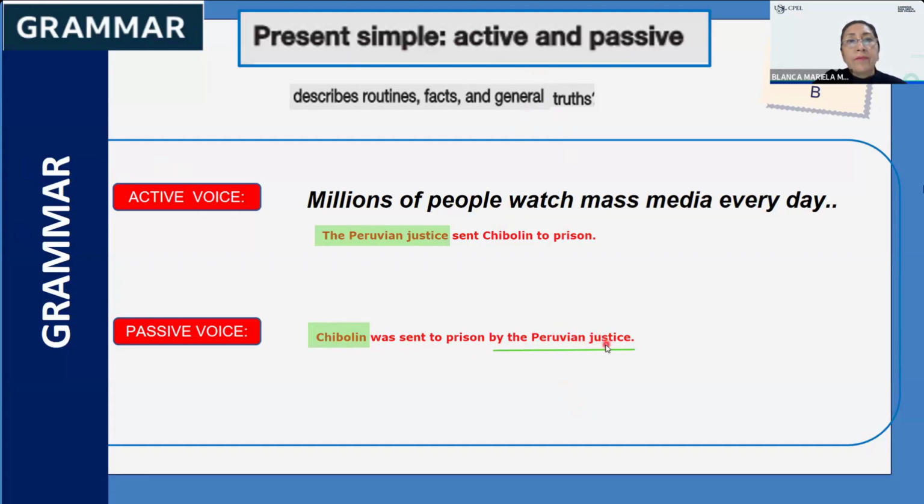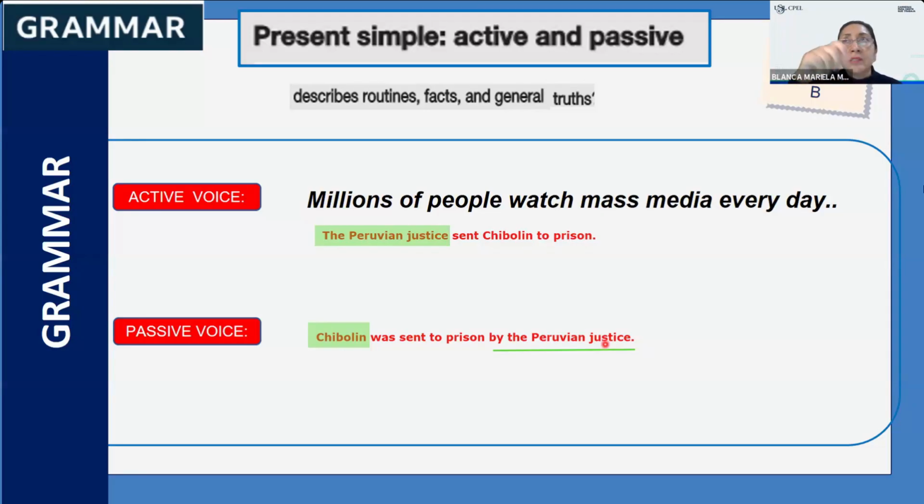Okay? So that is why, for example, when you watch the news, the reporters or the journalists, they always, not always, but most of the time, they use passive voice. Why? Because they always emphasize on what happened. So what happened?